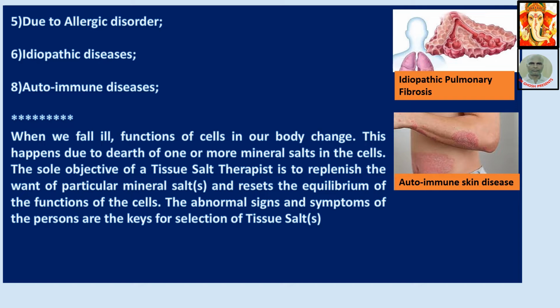The abnormal signs and symptoms of the persons are the key for selection of tissue salts, because when we read the materia medica of tissue salts, from head to foot, on all organs, superficial and deep, the signs and symptoms arising due to want of salts will be discussed thoroughly, and that is called materia medica.